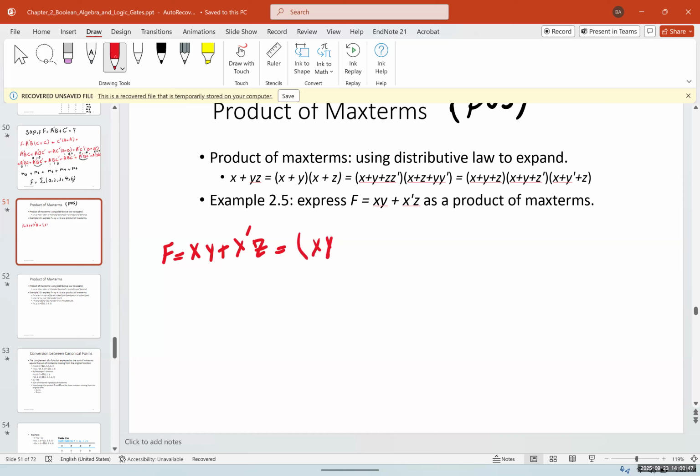It's going to be xy plus x prime, times xy plus z, which is going to be equal to x plus x prime, which gives us 1, times y plus x prime, times x plus z, and I'm going to do the rest here, times y plus z.